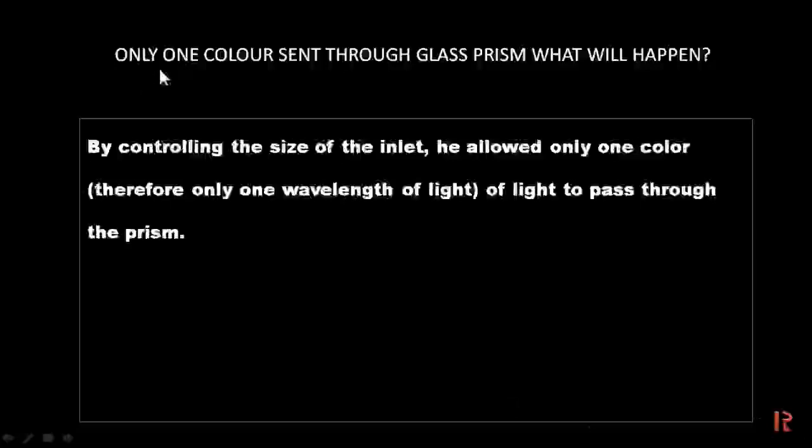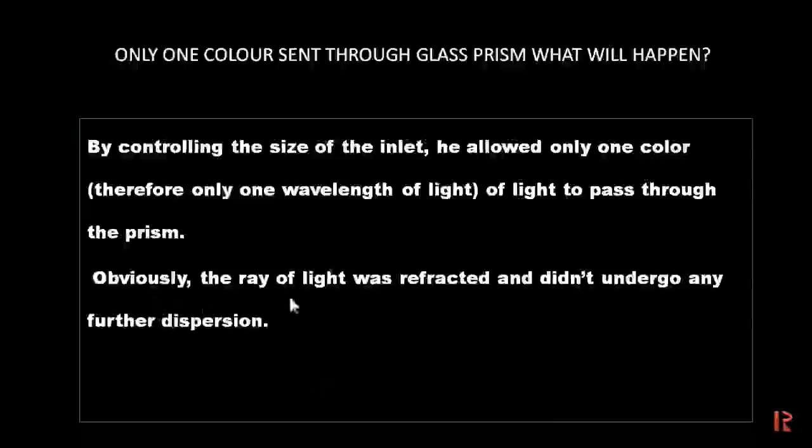Now if only one color is sent through a glass prism, what will happen? Newton did this experiment, and the conclusions are: by controlling the size of the inlet, he allowed only one color, it means only one wavelength of light, to pass through the prism.